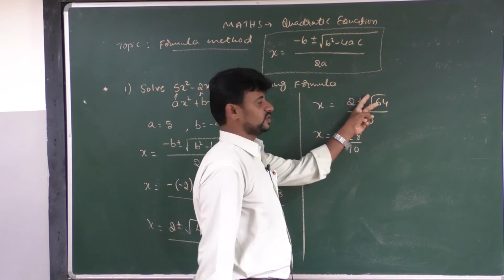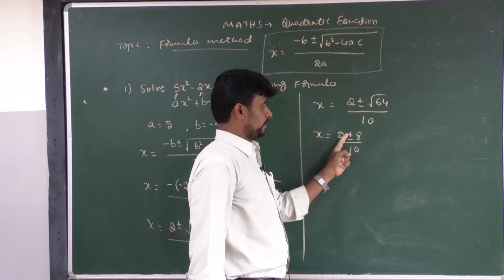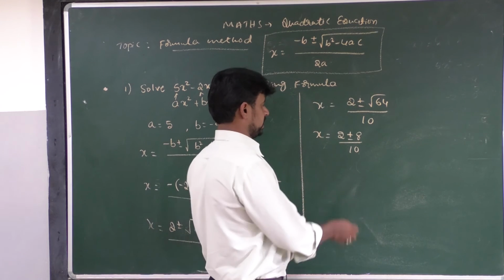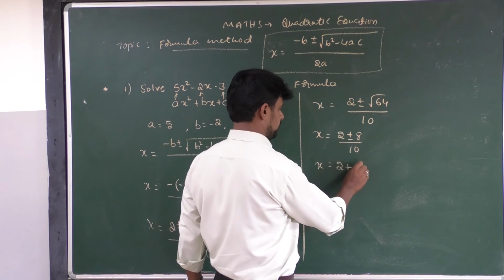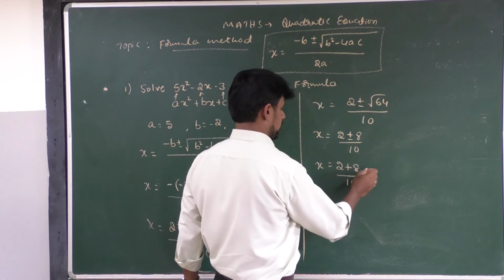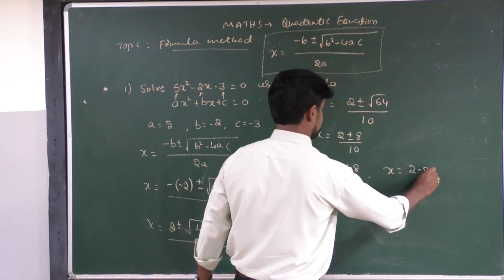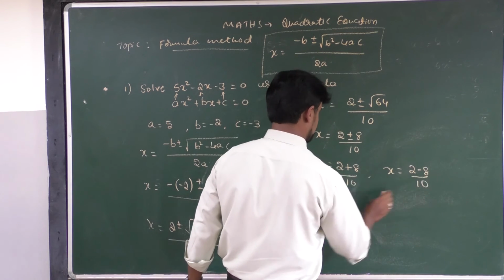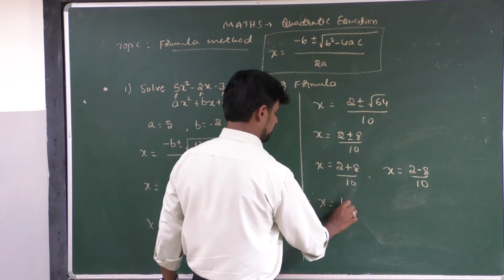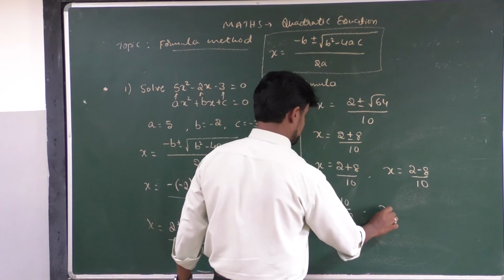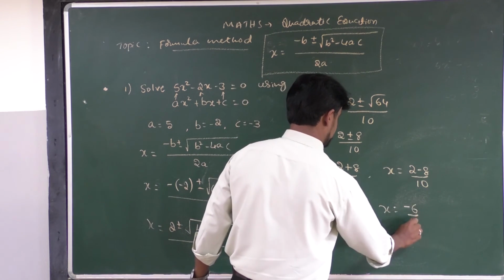Okay. After getting the square root of 64, here we have plus and minus. You have to split that. If you split this, one will become positive and another one will become negative: 2 plus 8 by 10 and 2 minus 8 by 10. Therefore, the value of x is equal to 8 plus 2, 10 by 10, and the value of x is equal to 2 minus 8, means minus 6 by 10.